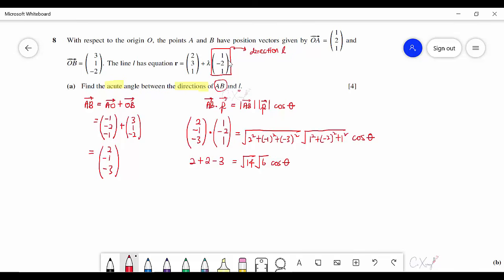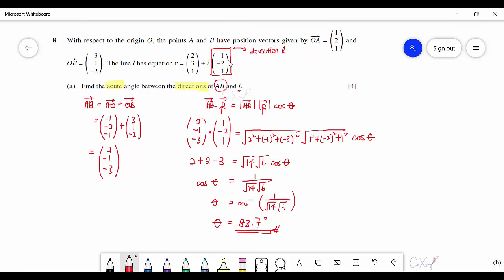If you continue further from here, you will have 1 over square root 14 and also square root 6. Therefore, if you want to calculate the angle, you have to bring the cos over, so it becomes cos inverse. Press the calculator and you'll get that theta equals 83.7 degrees.